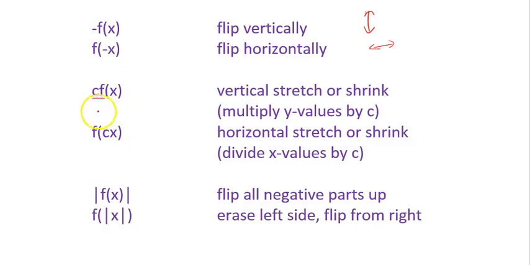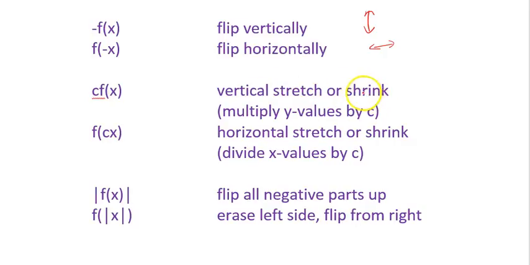A couple of the other changes here are when you multiply by a number on the outside or the inside. We did this with our trig graphs. On the outside, that affected our amplitude. On the inside, it affected our period. So think about what those changes did on a trig graph. That number outside affected the amplitude, so it stretched it vertically or shrunk it vertically.